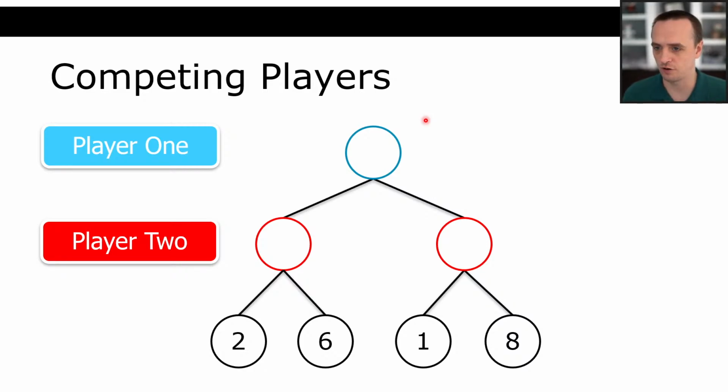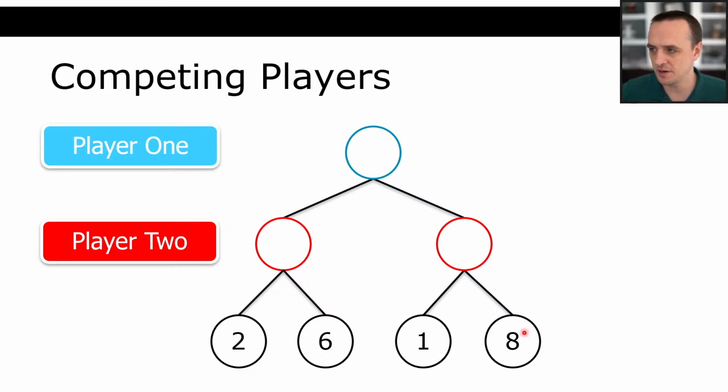So I'm going to go first. So player 1. Then player 2 has the black pieces. They're going to go after me. What I'm going to say is, okay, after I've moved, and then after the other player has moved, maybe my limit was a depth 2 search for whatever reason. So after player 2, the other player, has made their moves, I'm going to end up with some evaluation.